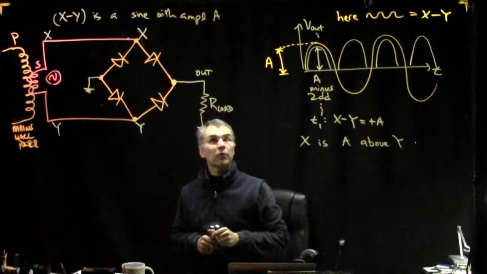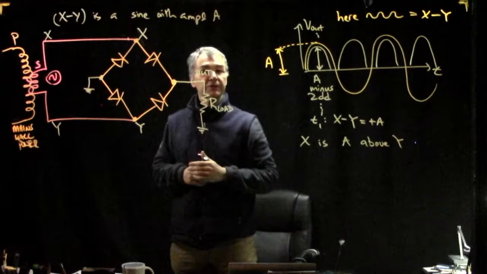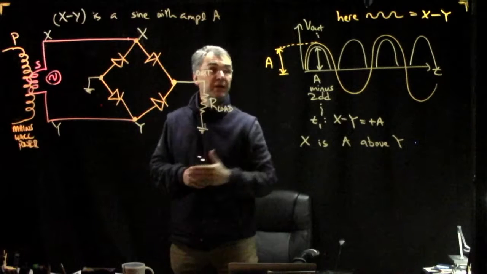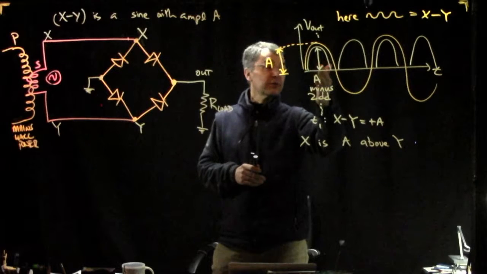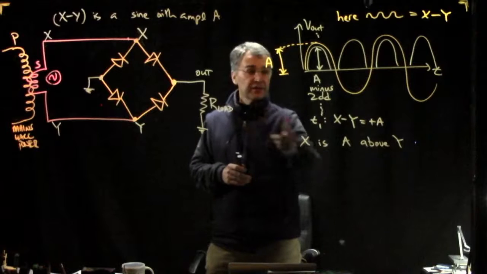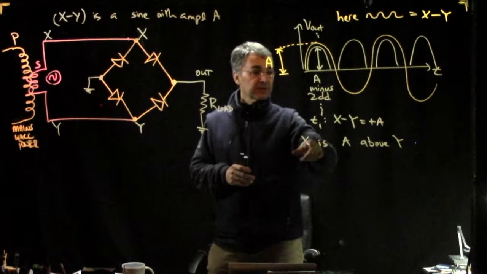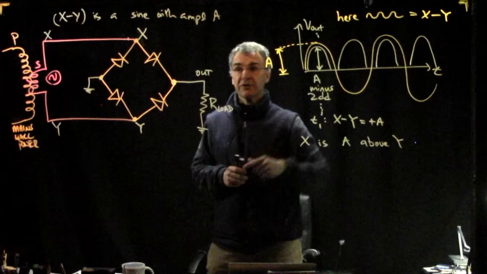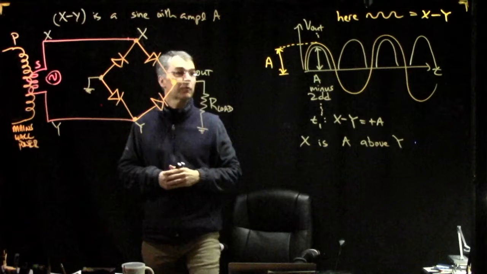We want to use this output as a useful output to power something. So let's assume, until we find a contradiction, that the output is probably going to be smaller than X and bigger than Y, and both of those are going to be true by more than a diode drop.